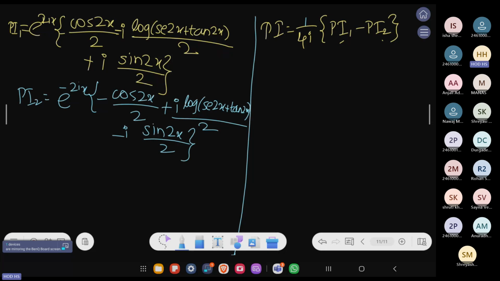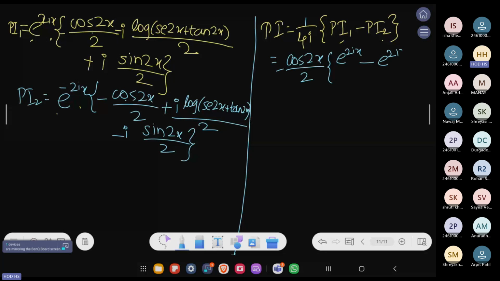So substitute the values. Notice that I can take this minus cos 2x by 2, then take that common, cos 2x by 2 minus cos 2x by 2. From PI1, what remained is this term, which is e to the power 2ix, and minus from PI2, this term remained, so e to the power minus 2ix, and notice that there is an extra 4i.